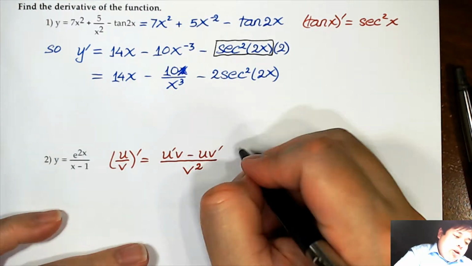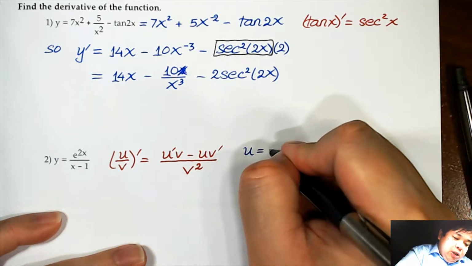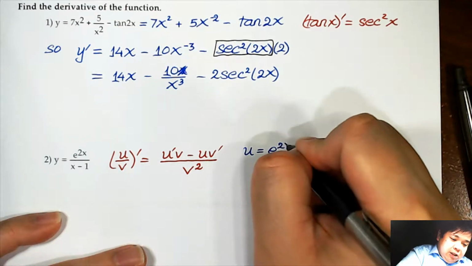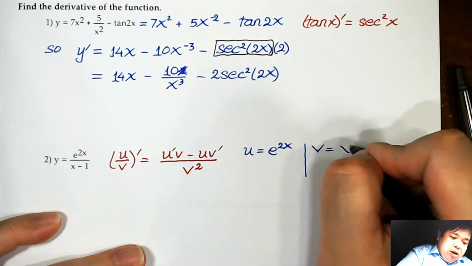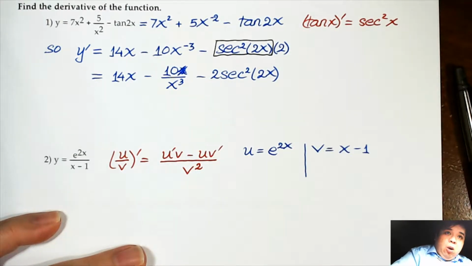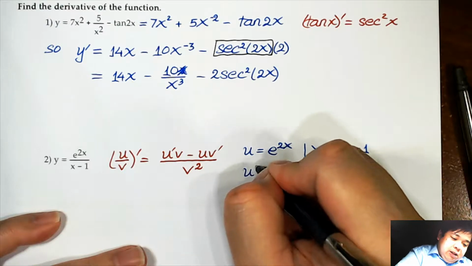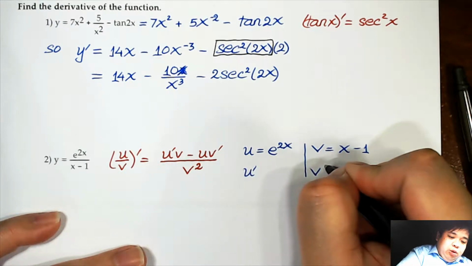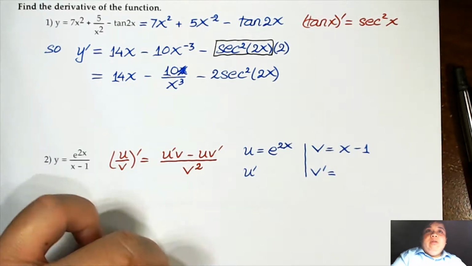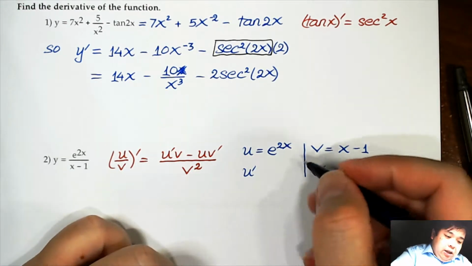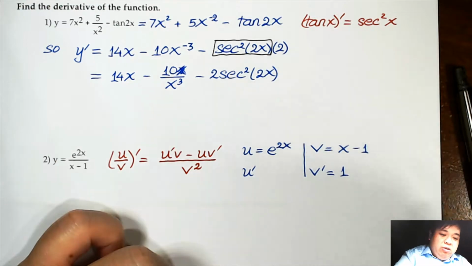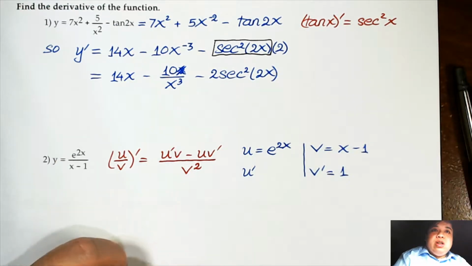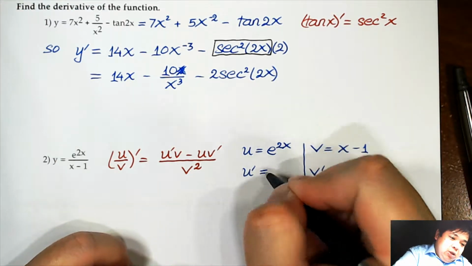And in our problem, u is e to the 2x and v is x minus 1. We will take derivative of u and v. Derivative of x minus 1, derivative of x is 1, minus 1, derivative of that is 0. So just have 1.